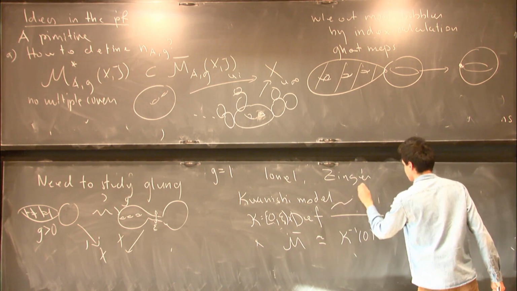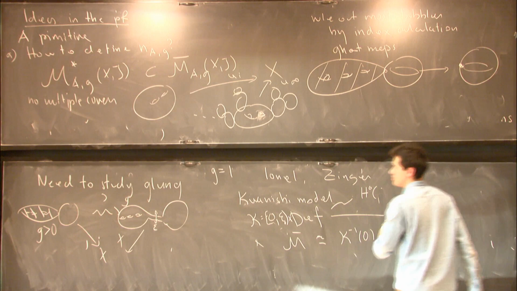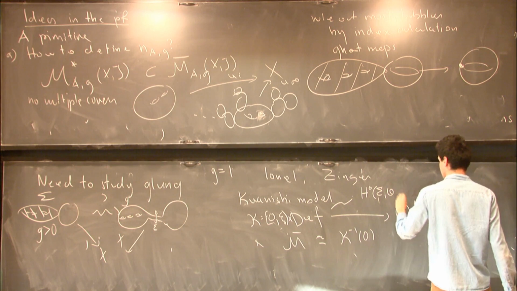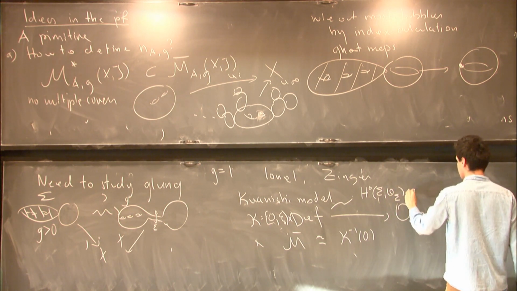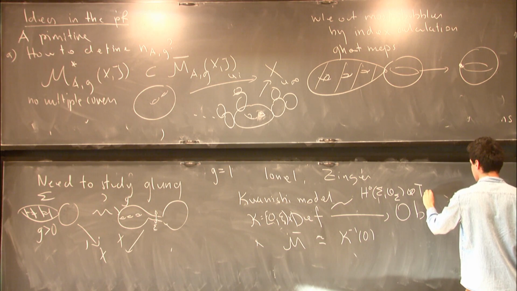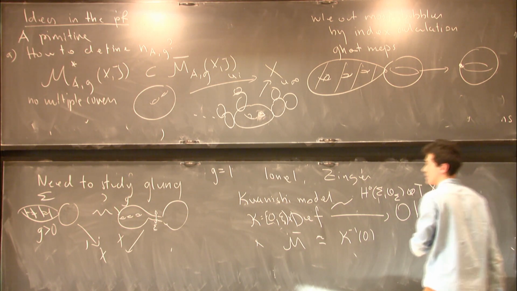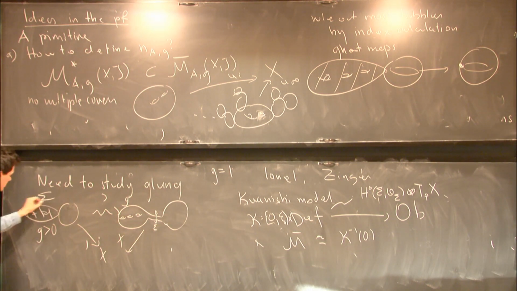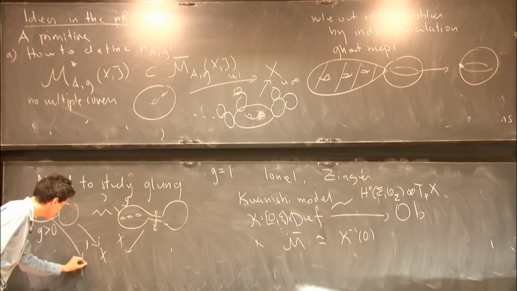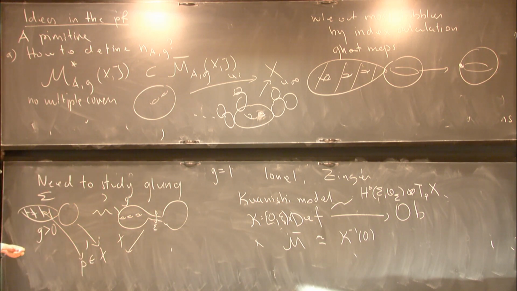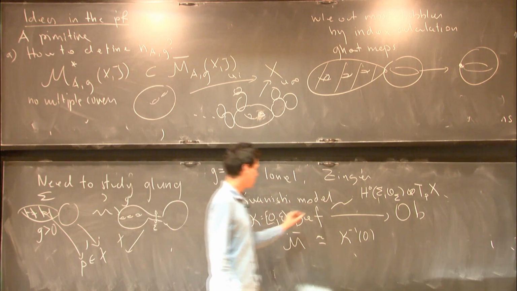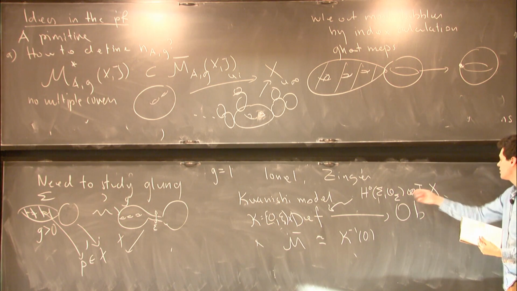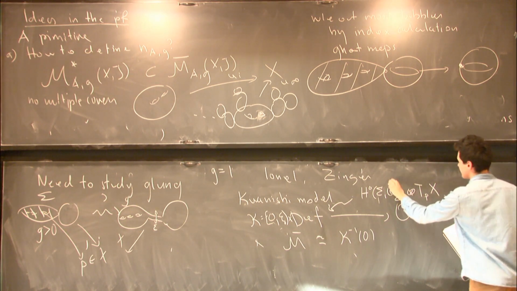So in fact, if this component is sigma, these will be just H0 of sigma, holomorphic functions on sigma, tensor the tangent bundle of X. So let's say that this map sends this entire component to some point P in X. And if you write down the deformations, they're just constant holomorphic functions tensor the tangent space. So this is, of course, just the tangent space.